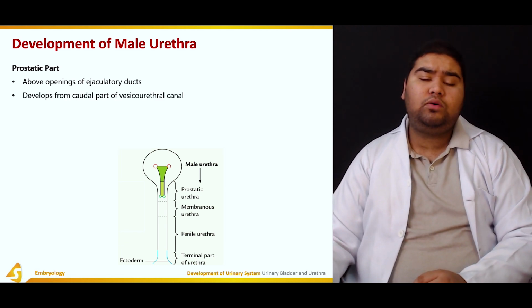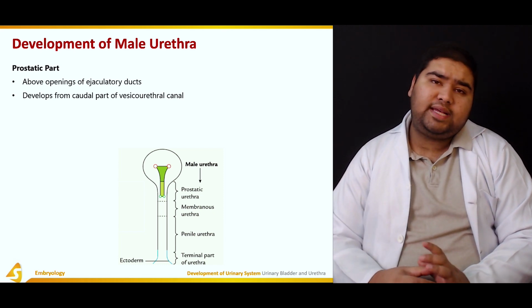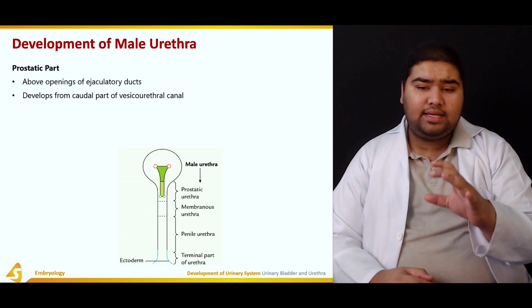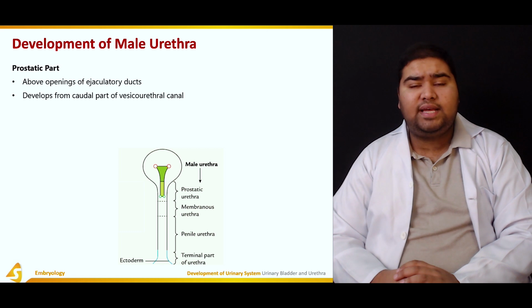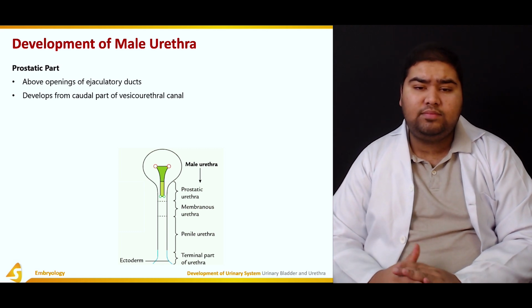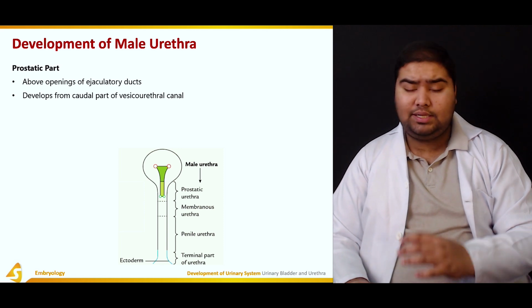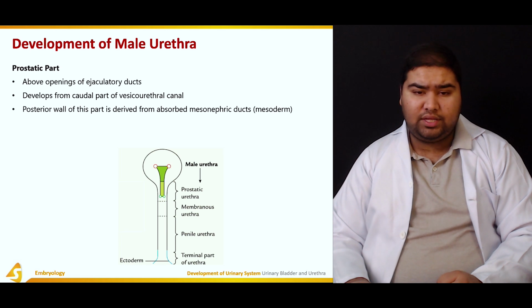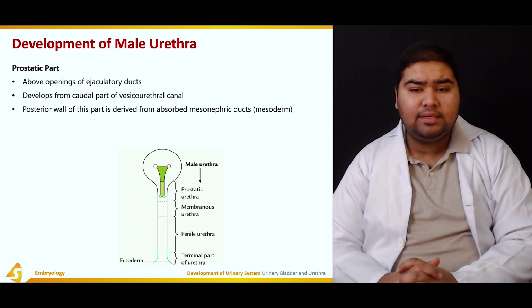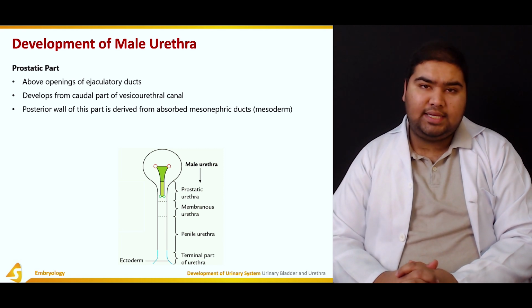It develops from the caudal part of the vesico-urethral canal. This is the region where the mesonephric duct opened into the vesico-urethral canal, and it transformed into the prostatic part of the adult male urethra. The posterior wall of this part is derived from the absorbed mesonephric ducts.